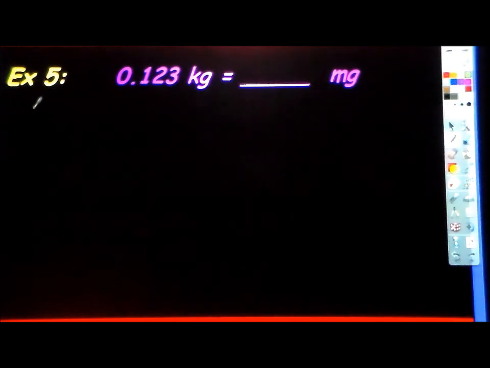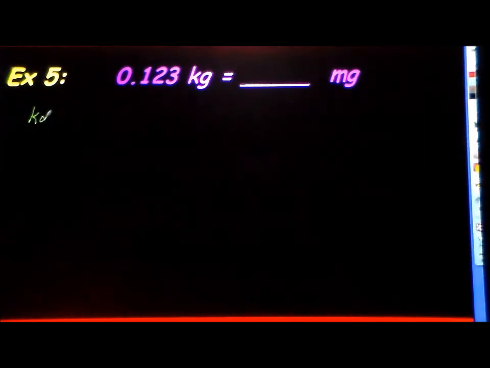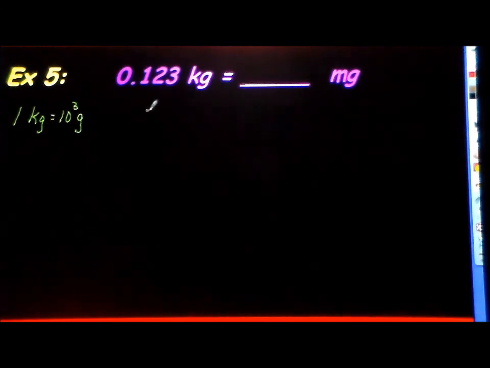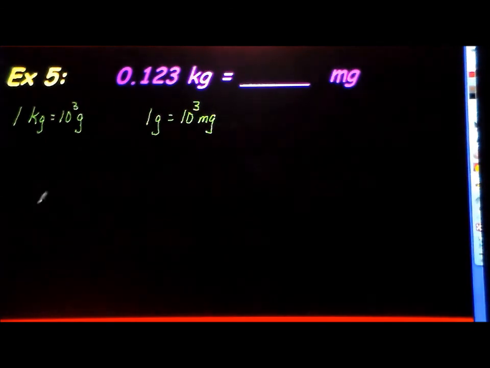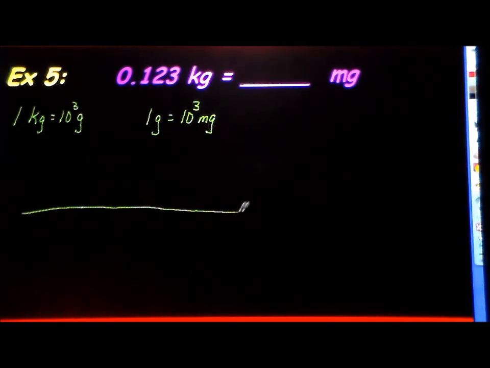So let's go back and see what that means. That tells me if I'm doing kilograms to grams, in 1 kilogram I should have 10 cubed grams, and then in 1 gram I should have 10 cubed milligrams. So if I use those 2 conversions, I'm going to have to do 2 steps.